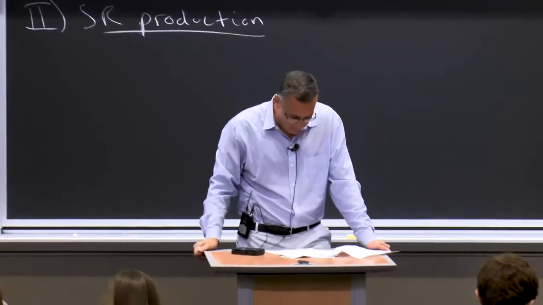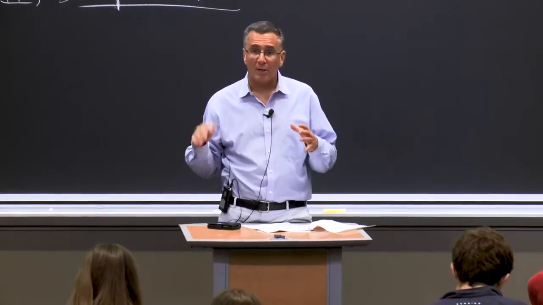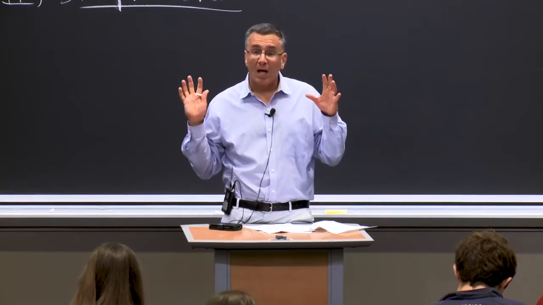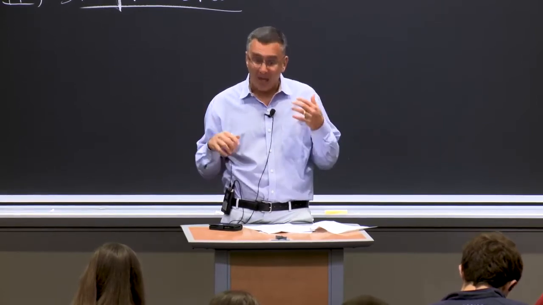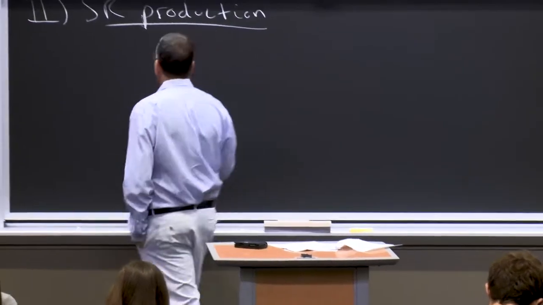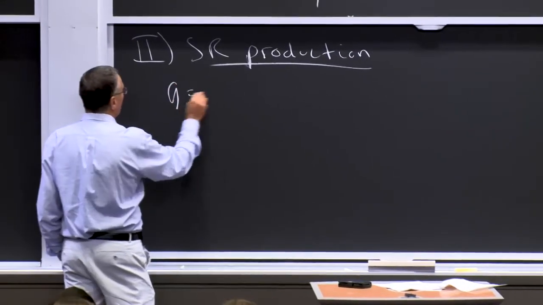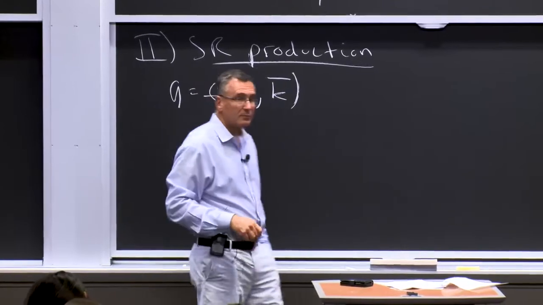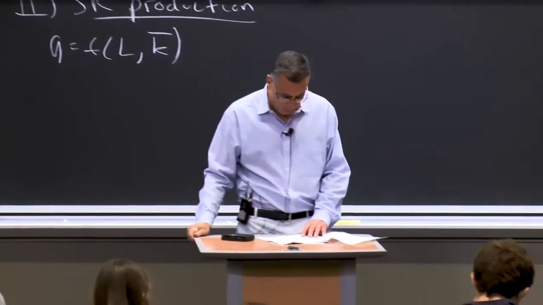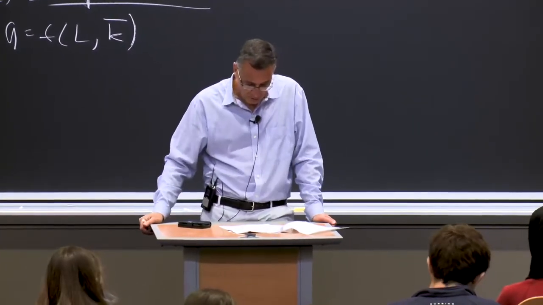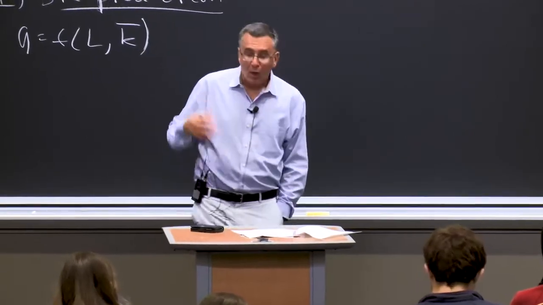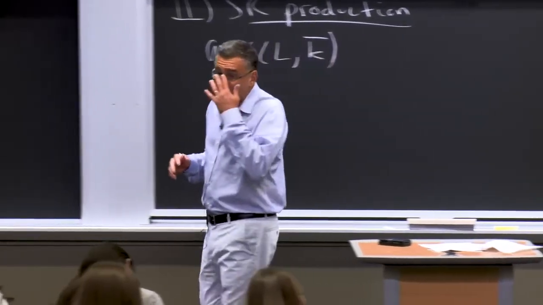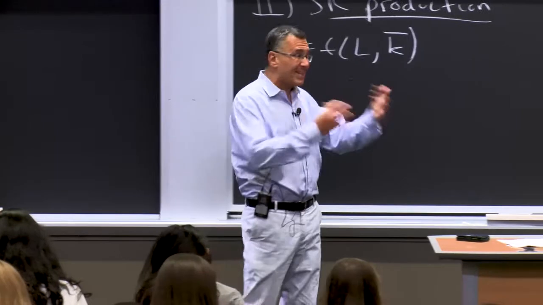Okay, so let's start in the short run where labor is variable, capital's fixed. So in the short run, we have a production function, Q equals F of L and K bar. That's our short run production function. Now, that means in the short run, the firm is given a stock of capital.